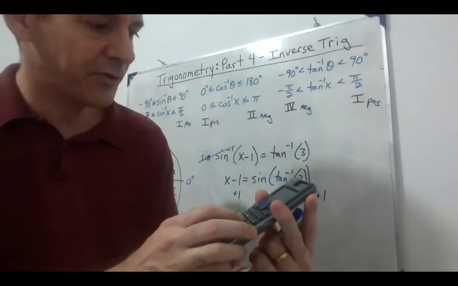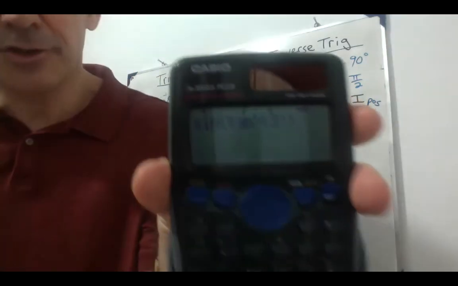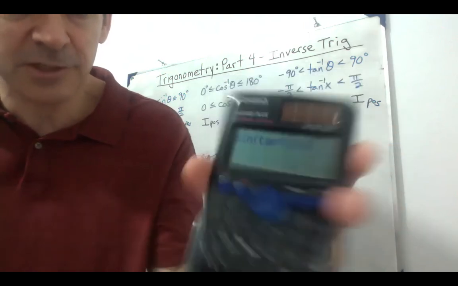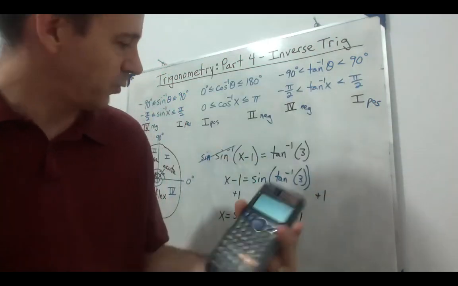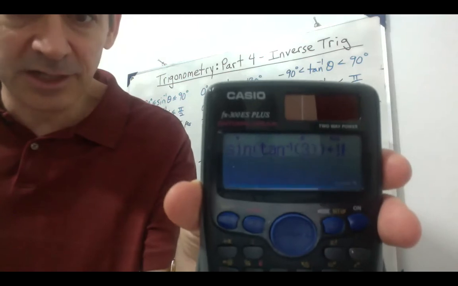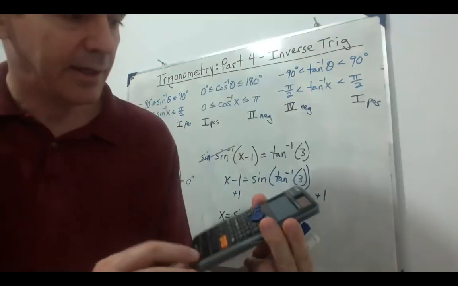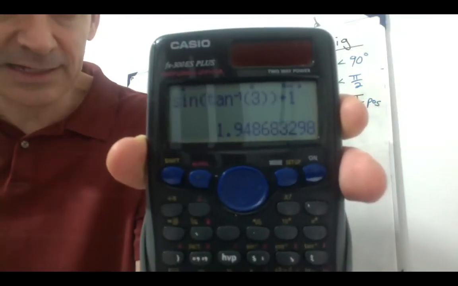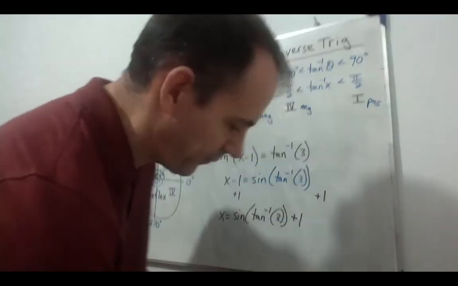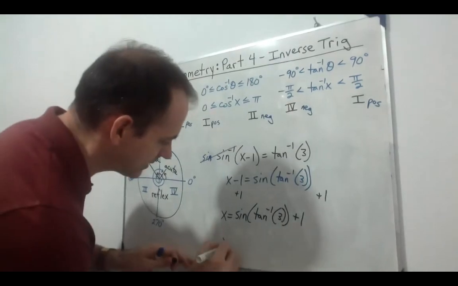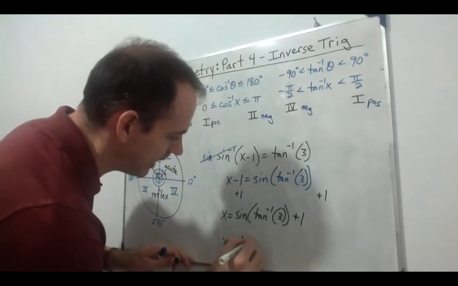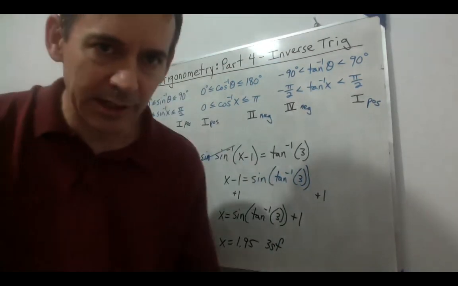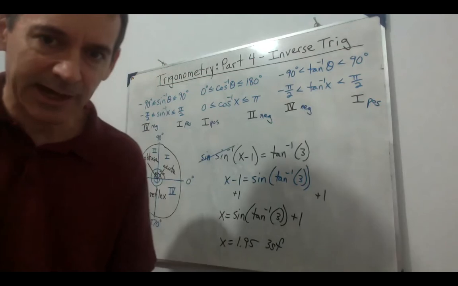Then we close the parenthesis again, which closes the argument for the sine function, and then we can just put plus 1. We have everything that we see on the board on the calculator, and we just hit equals, and it gives you 1.95 to 3 significant figures. So x equals 1.95, and that's to 3 significant figures, which is what Cambridge usually wants for their answer.